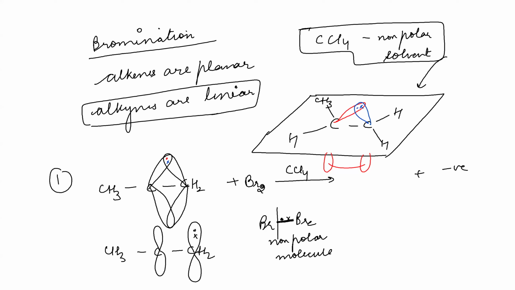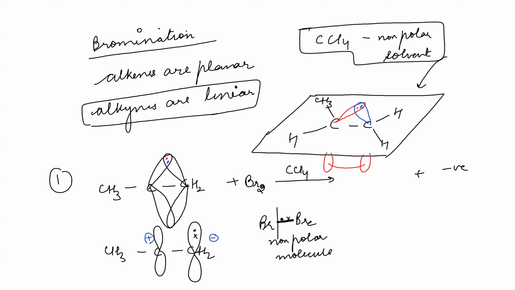Both the electrons, because of the push created by CH3, both the electrons shift into this carbon. And because both the electrons have been shifted to this carbon, this carbon acquires a negative charge and this carbon acquires a positive charge. Are we understanding?